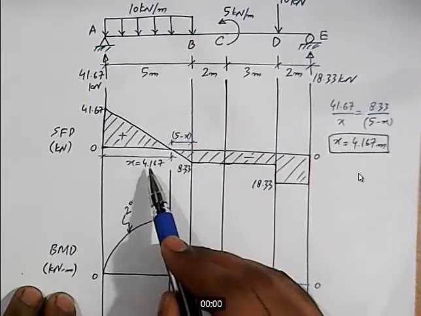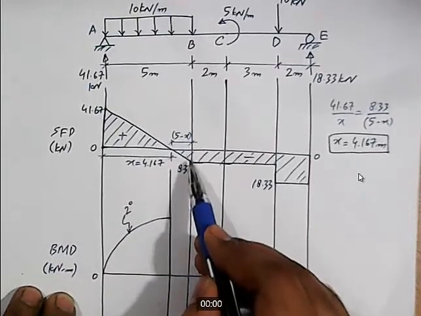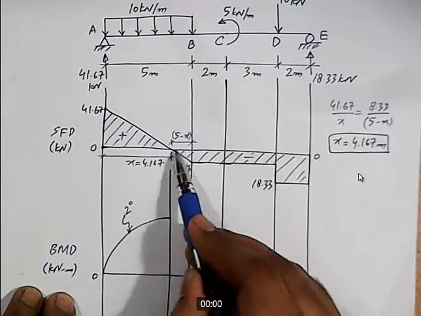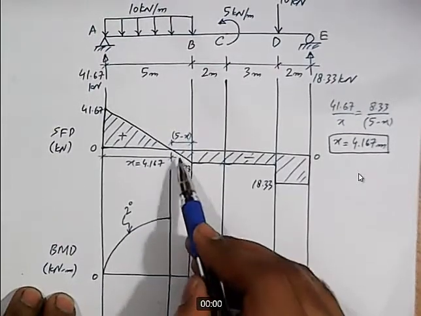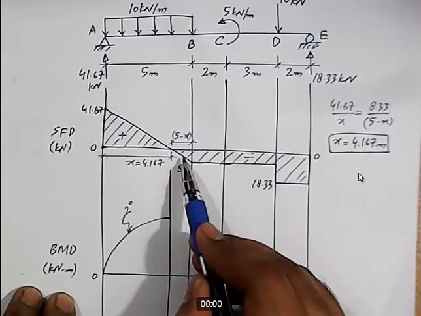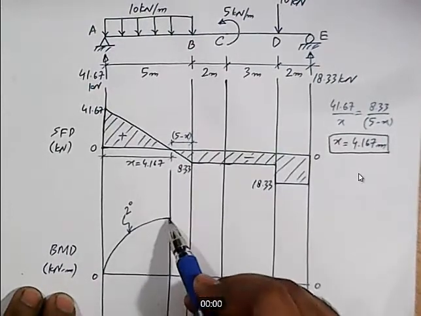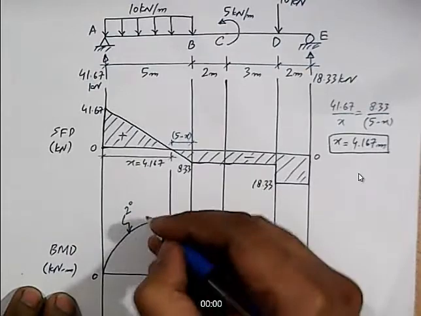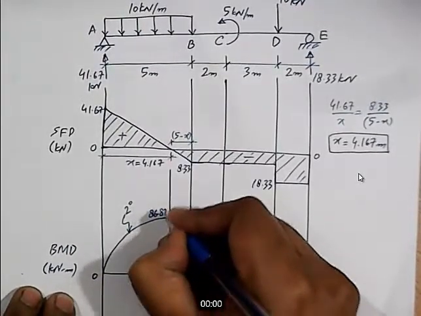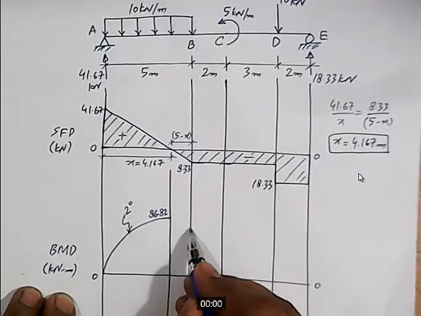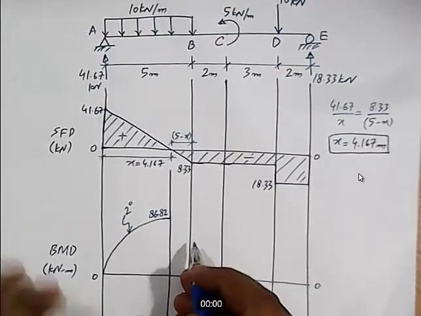We know x. The perpendicular of the triangle is also known, so this side into the base of the triangle divided by 2 will give us the area of the smaller triangle. And if we subtract this area from this value, which is 86.82, then we'll get the value of bending moment at this location.